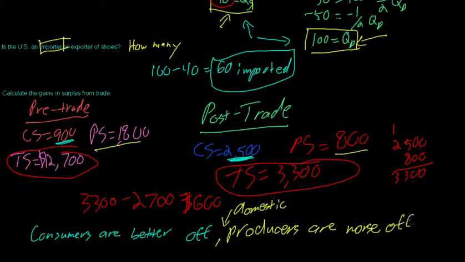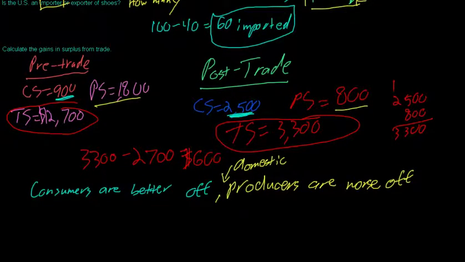And the reason that they're worse off is something that we're very used to hearing about nowadays, that globalization has forced them to charge a lower price, and so they aren't as well off as they were beforehand. It's kind of like all the talk that we hear about offshoring jobs to India. Well, that's hurting domestic jobs here.